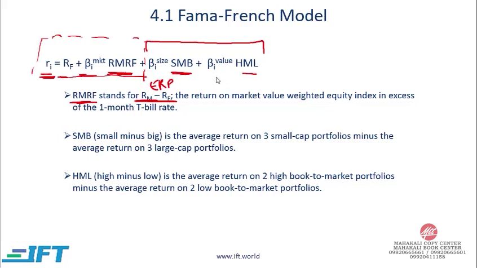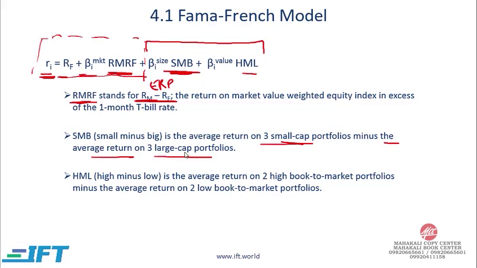So we need to adjust our model to reflect the size of a company. SMB stands for small minus big. This is the average return on 3 small cap portfolios minus the average return on 3 large cap portfolios.